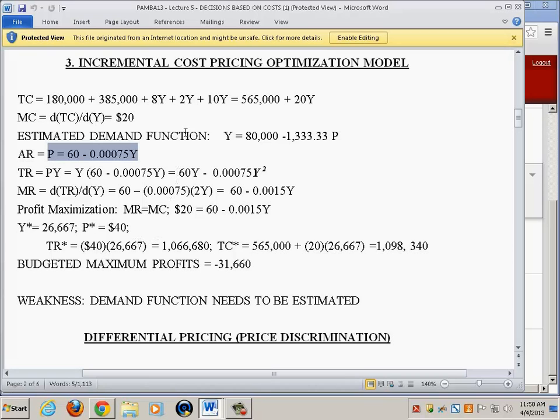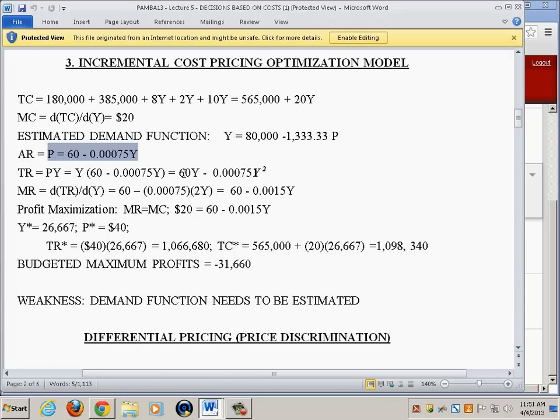So p star comes to around $40, which means that our profit maximizing price is $40. So we know now that given those cost and demand conditions, in order to maximize profits, we have to sell 26,667 car days and charge $40 per car day.